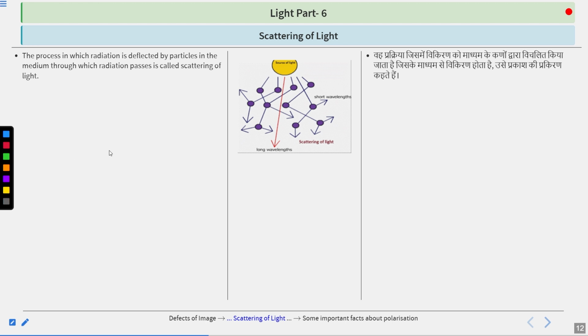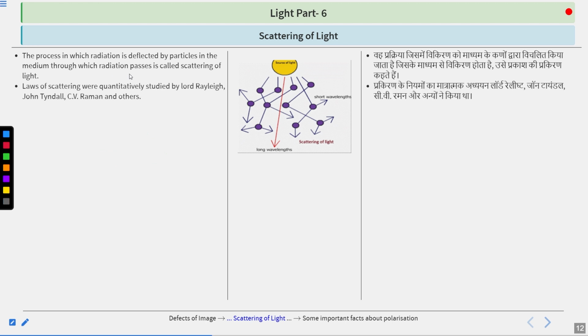For example, if these are the particles suspended in a medium and this is the ray of light, when it comes, it gets scattered here and there. So this is what we call scattering of light. It happens because of the particles that are present in the medium through which the radiation is going.